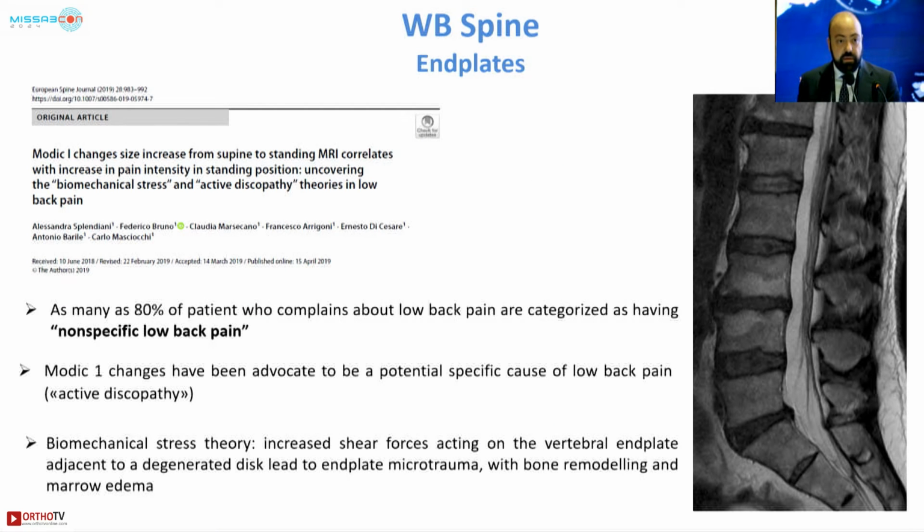Dr. Babu showed their work on diffusion in the end plates, and we know that Modic 1 changes can be one cause of what is called discogenic pain, due to the biomechanical stress theory.